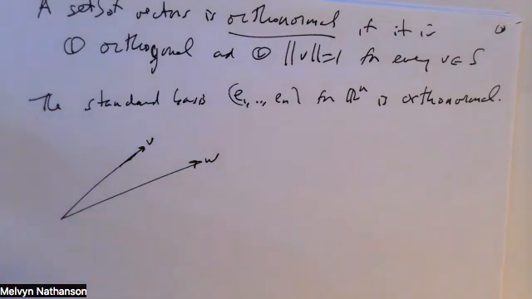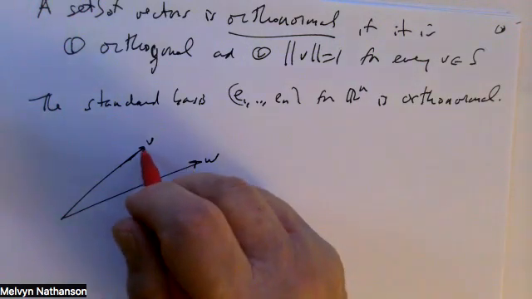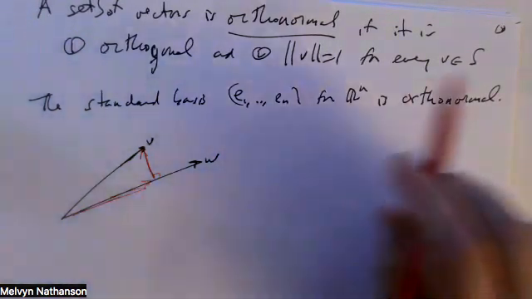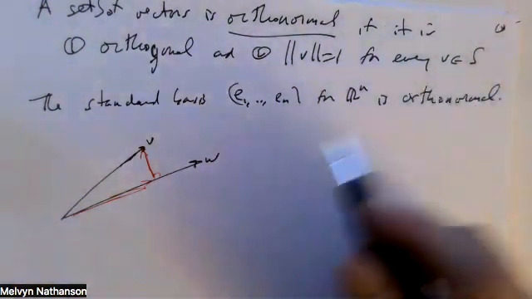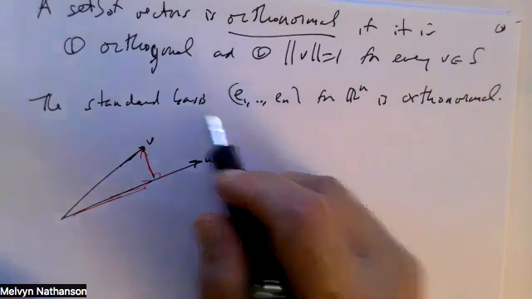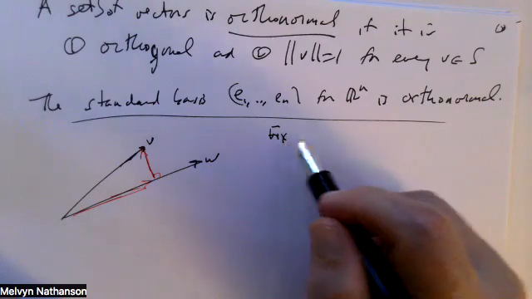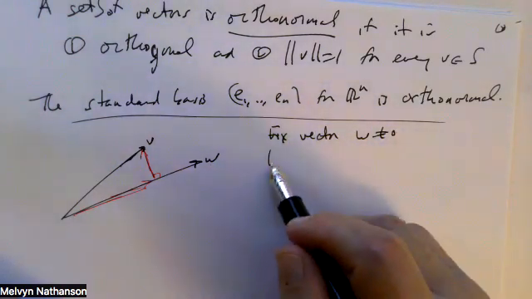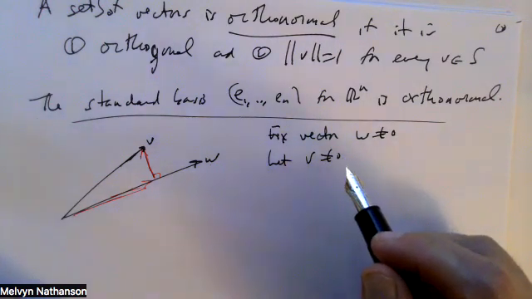I would like to write v as a sum of two vectors, one perpendicular to w and the other parallel to w. This is just in general. So fix a non-zero vector w, and let v be a non-zero vector.